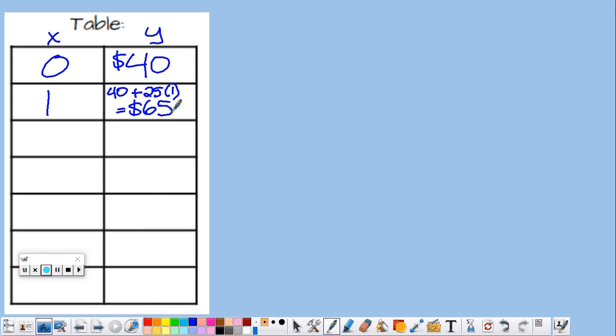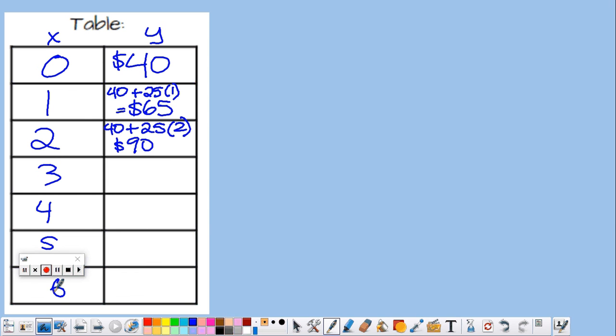For 2 hours, you have to spend the $40 plus 25 times 2, or 25 plus 25, which would be how much? $90. Multiplication is repeated addition, so you're either doing it this way or just adding 25 each time.